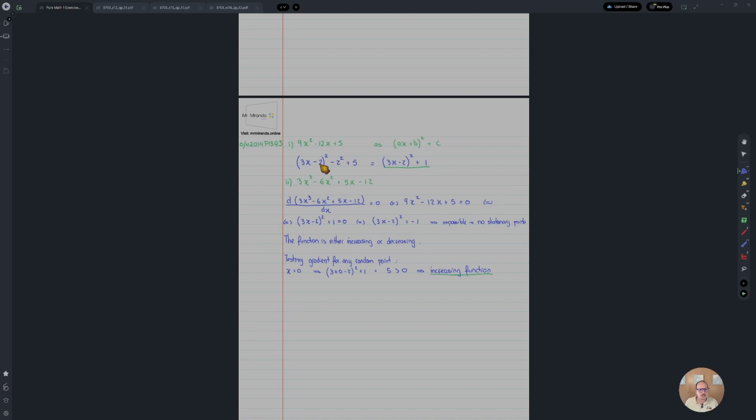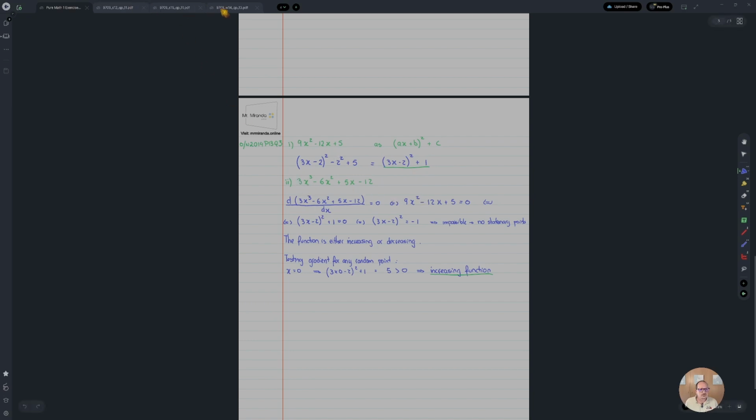That's minus 2. Minus 2 times 3 is minus 6, times 2 gives minus 12. So that's what you write over there. Then you mentally square this. Minus 2 squared is 4. So you remove it, or you just put minus 2 squared over here. Add the 5, and you'll end up with 1. If you want to test it, just expand these brackets and you should get that.